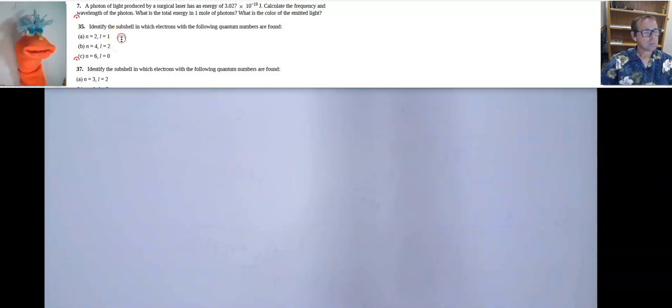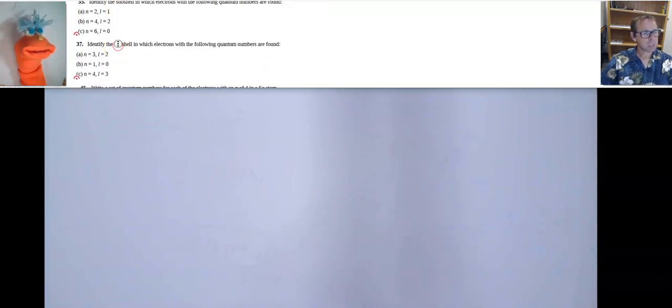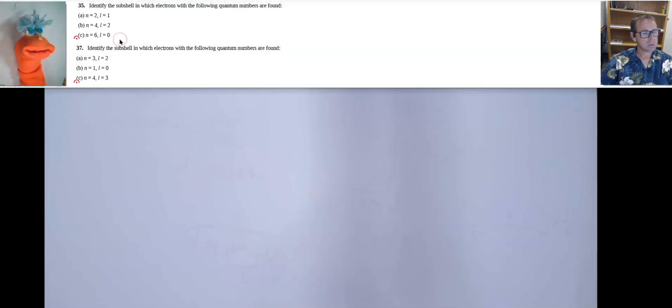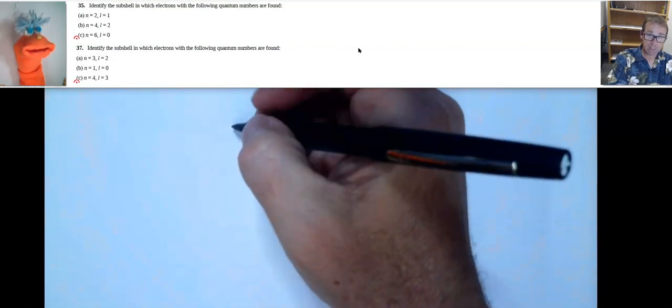So, 35. Identify the subshell in which electrons with the following quantum numbers are found. N equals 2, L equals 1. How do we know which one of these numbers relates to the subshell? Is that N or L? It's L. L is the subshell.